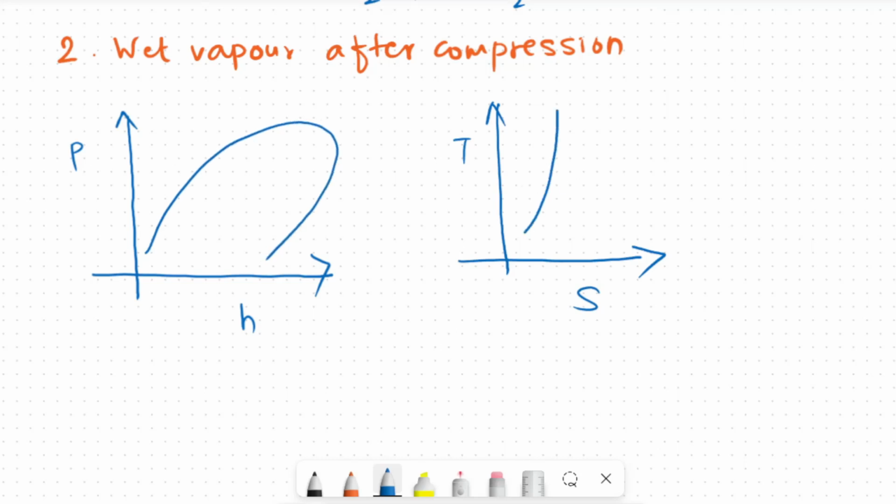This is the dome. Now the refrigerant is wet vapor after the process of compression, so point 2 lies inside this dome. So the process of compression on the TS diagram is very simple, 1 to 2, like this.